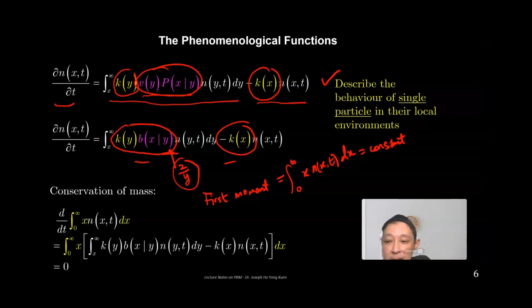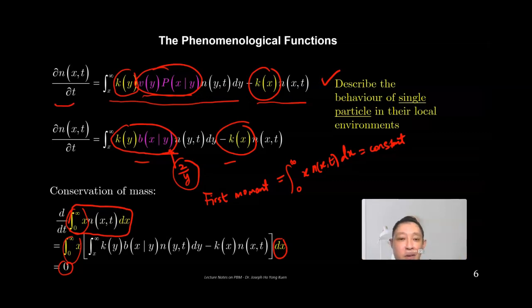What it means here is if we take the population balance equation for 1D pure breakage and we multiply by x and integrate with respect to x from 0 to infinity, then the time derivative term should be 0 because this first moment is constant. So this d/dt of the first moment has got to be 0. So this is looking at the population balance equation as a whole.